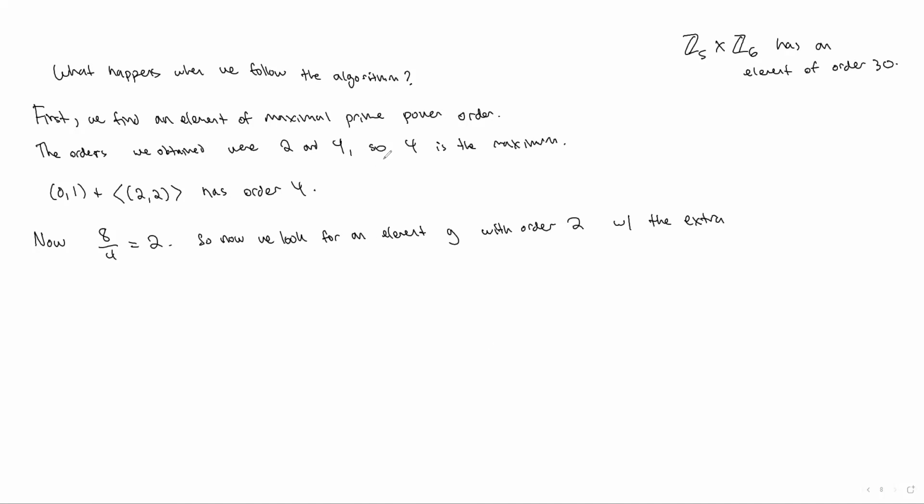But you find the one that's the largest prime power. So if you had 30 and 5 and 6, oh wait, 6 is not a prime. So I guess I should write times Z2 times Z3. But yeah, if you had 5, 2, and 3, then 5 would be the largest. So it's the maximal prime power order. I'll make a note of that.